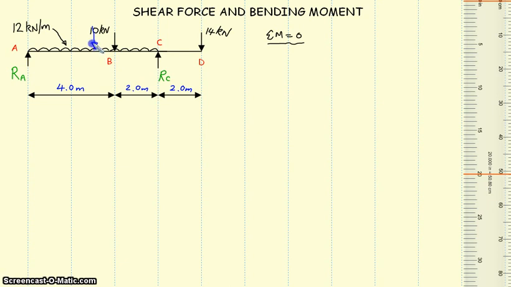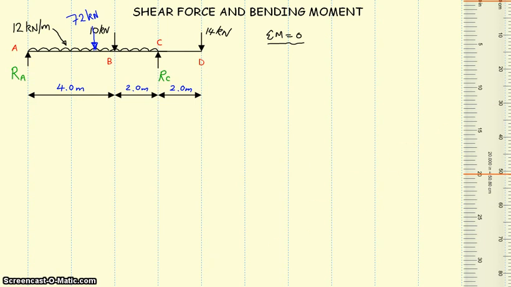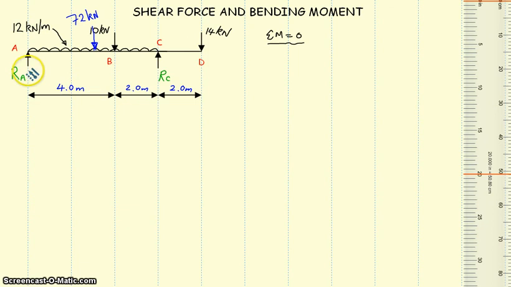in here and write up our 72 kilonewtons. Now obviously we need a distance, because anytime we're working with moments it is force times distance, and we need those distances to be given from, I'm just going to pick up here, and I'm going to draw in our distances.